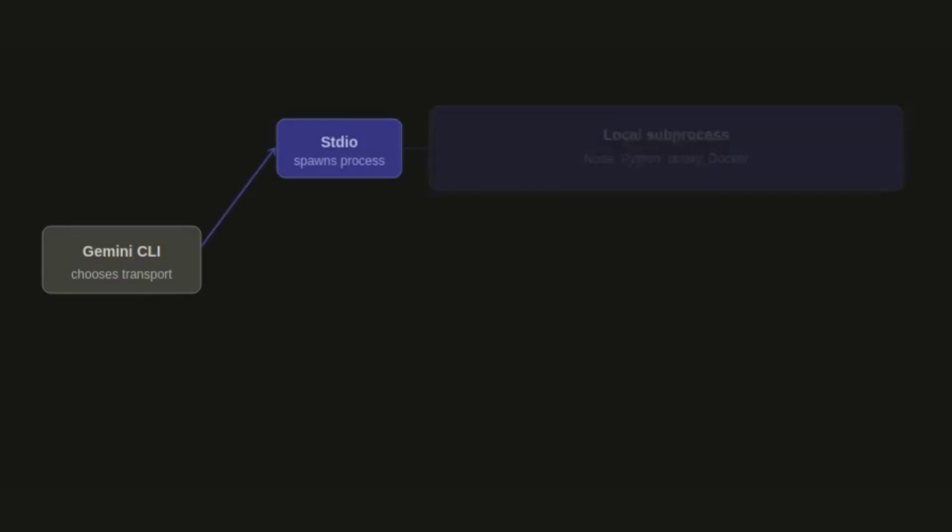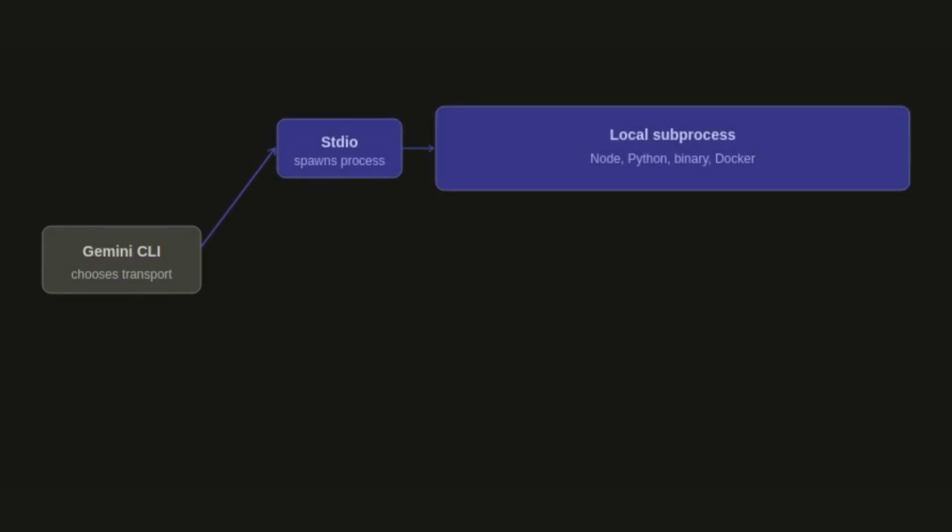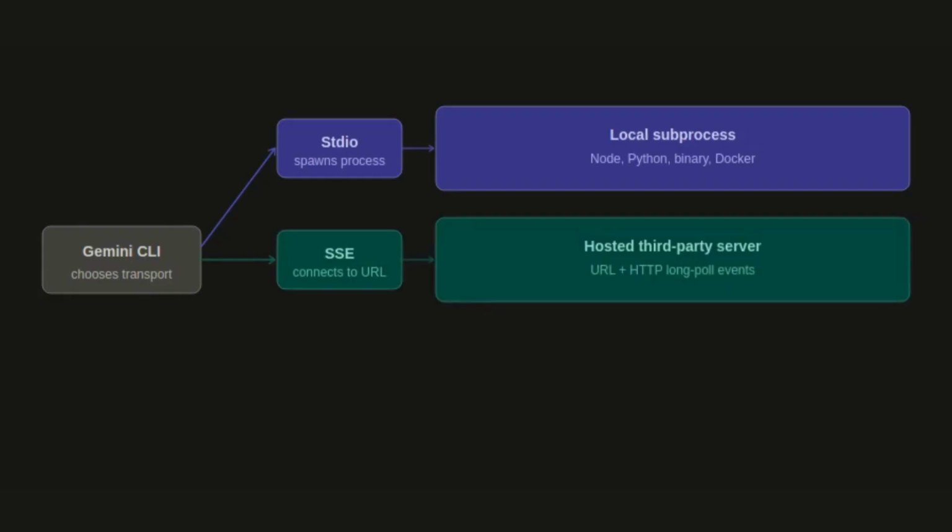MCP servers communicate with Gemini CLI over one of three transports, and knowing which one to use determines how you configure the server. Standard input-output is for local servers. Gemini CLI launches the server as a subprocess, a Node script, a Python process, a compiled binary, or a Docker container, and communicates with it over standard input and output. This is the most common setup for development tools. Next is SSE, Server-Sent Events.